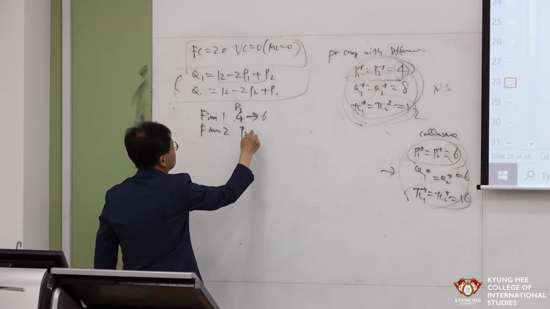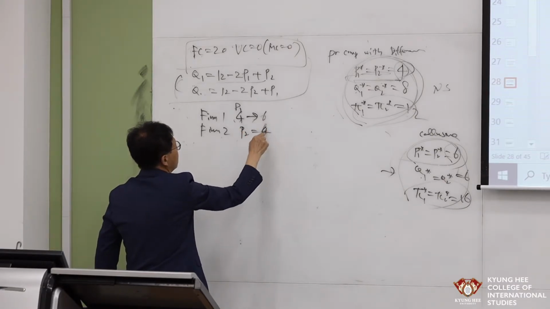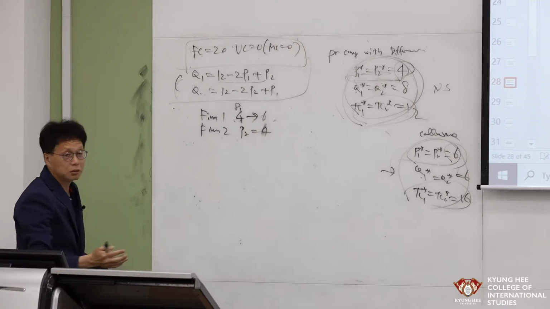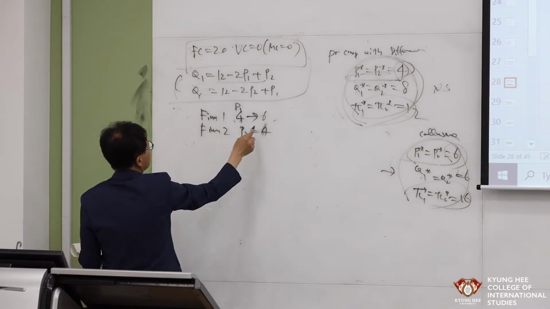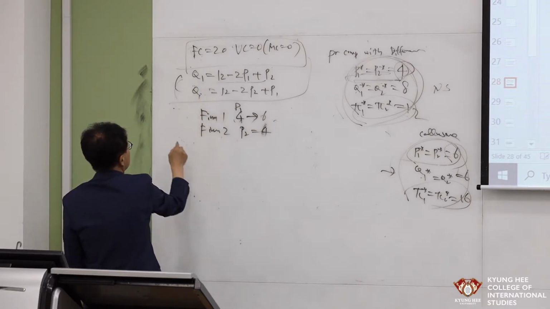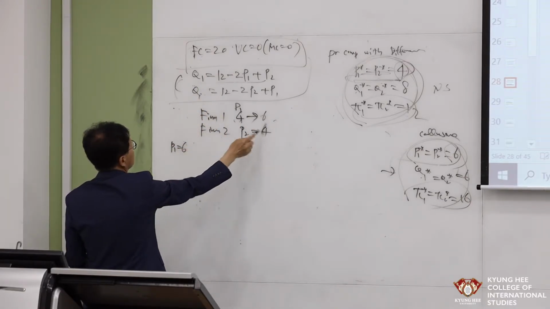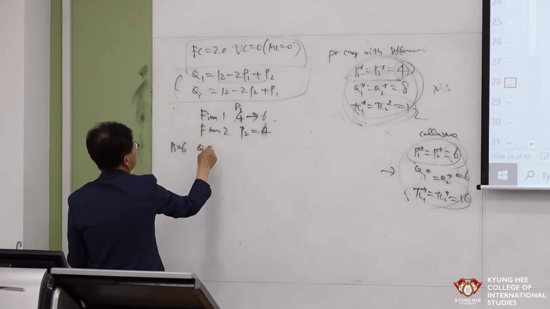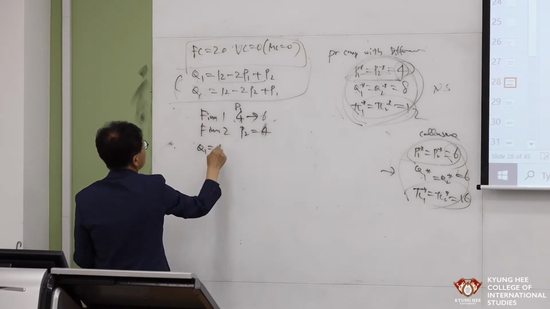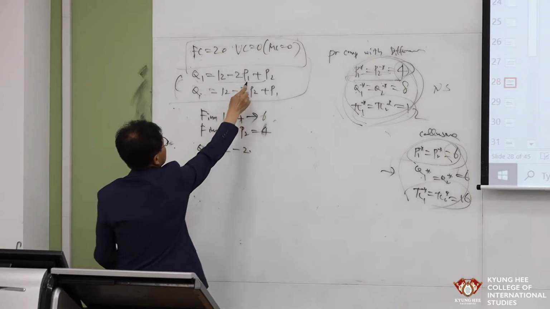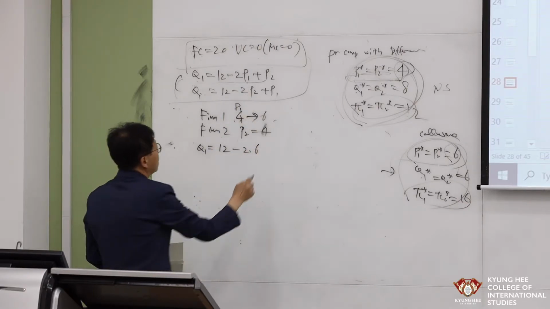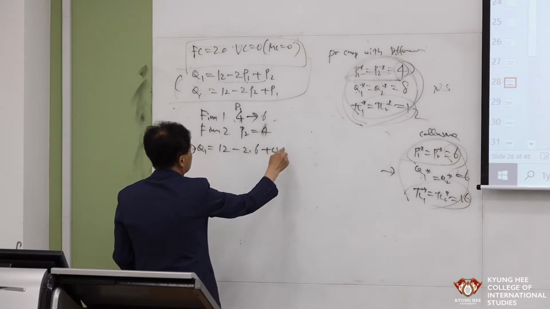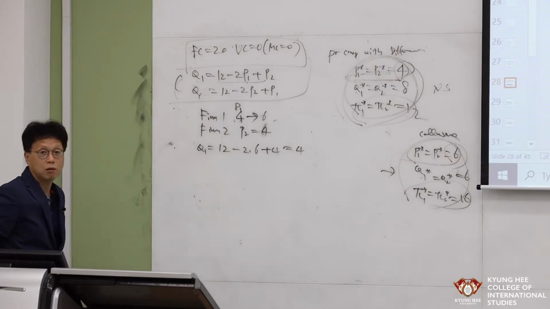So P2 is 4, P1 is 6. Then what happens? Q1 is 12 minus 2 P1, where P1 is 6 instead of 4, and P2 is 4. Then Q1 is 4.